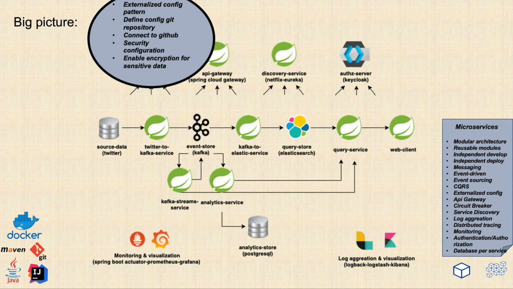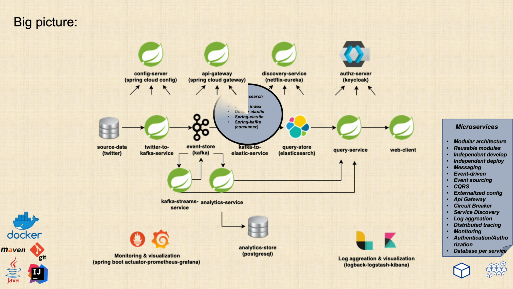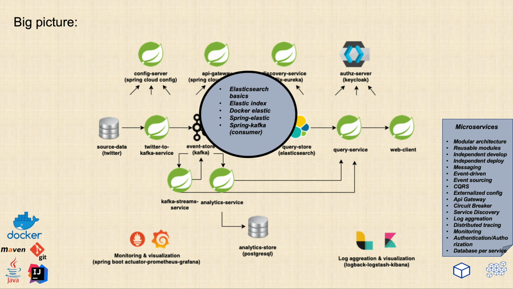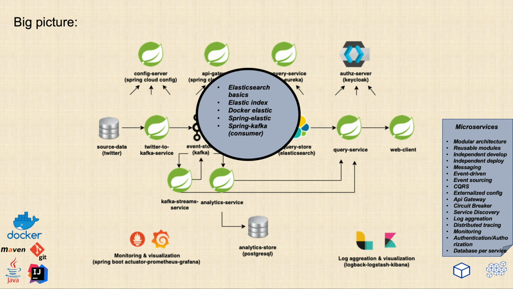Then you will continue with the second microservice, which is Kafka to Elasticsearch. Here you will dig into the Kafka consumers, along with Spring Kafka consumer implementations, to read data from Kafka and put the data on Elasticsearch. At that point, you will first look at the Elasticsearch basics and the index API of Elasticsearch, as you will need to use indexing operations to put the data on an Elasticsearch document.